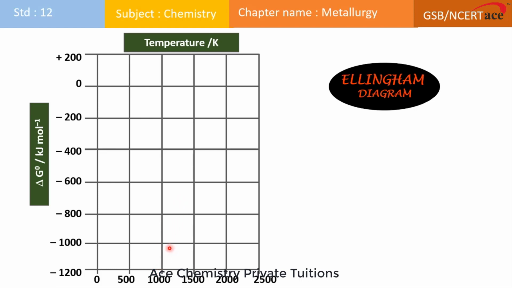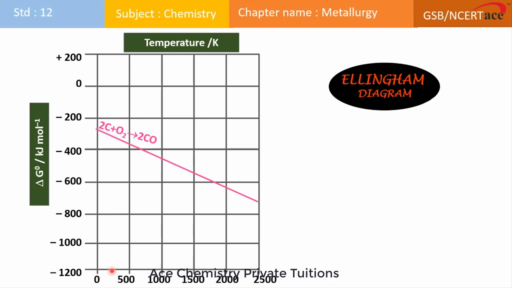For individual elements, if you look at this graph where there is the formation of carbon monoxide, student, this carbon monoxide is formed from coke. As the temperature increases, as I move towards the right-hand side, the value of delta G goes on decreasing.